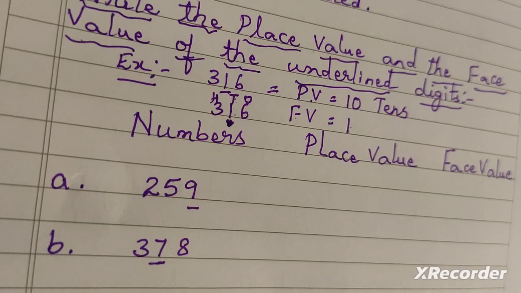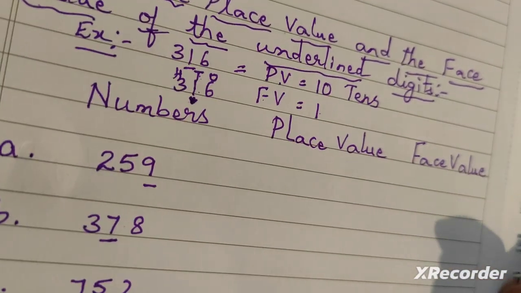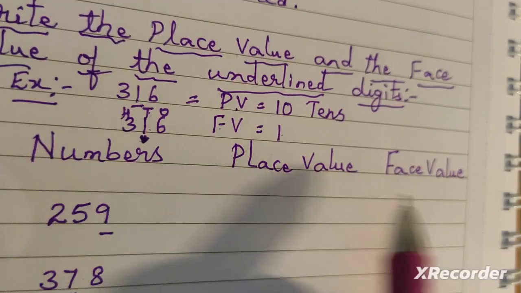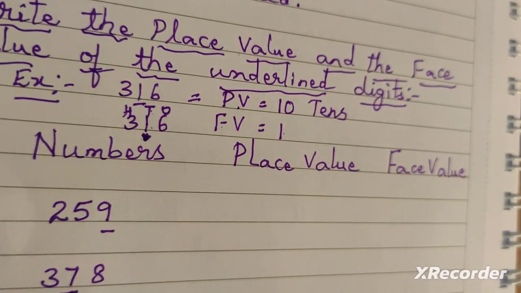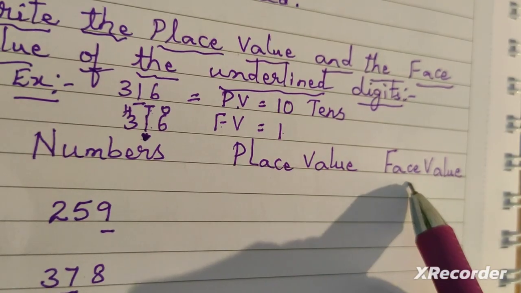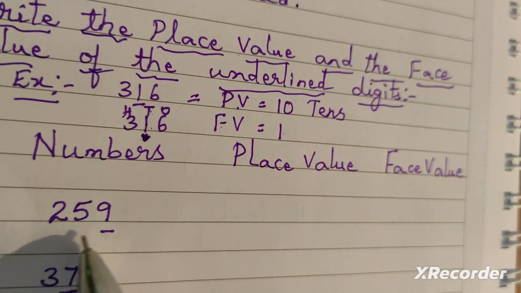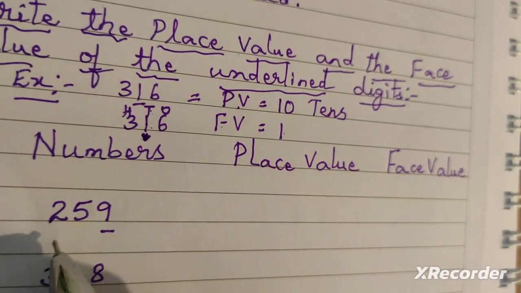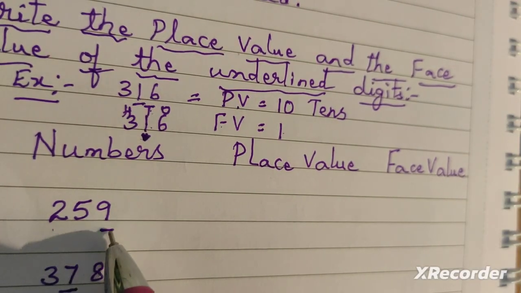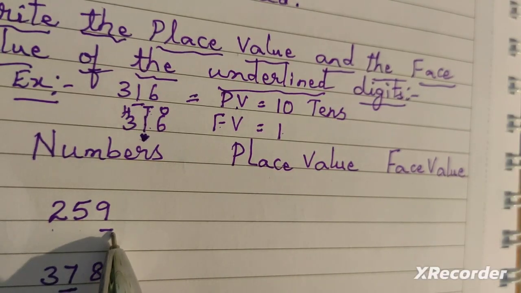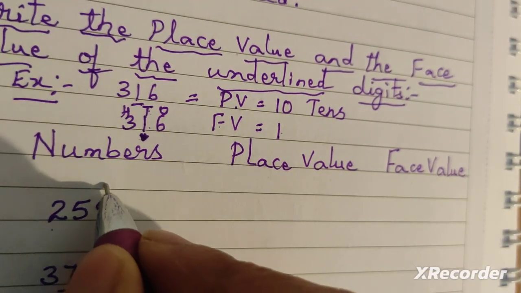Now we will solve the given numbers. Now you have 3 columns. You are given numbers here. You have to find out the place value and the face value of the underlined number in each sum. Now first one is 259. Which is the underlined number? 9. So you write the place value.